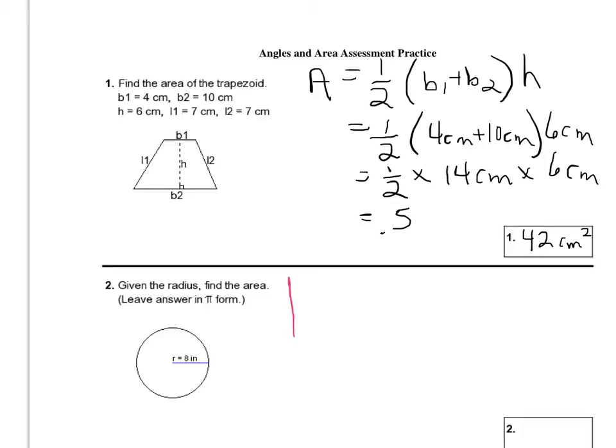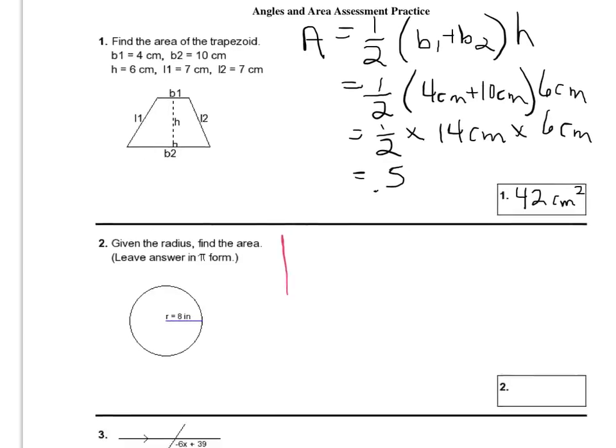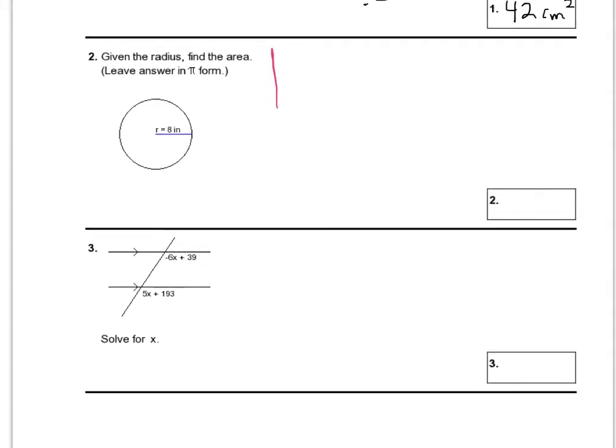Okay, let's work problem number 2. Problem number 2, we're supposed to find the area, and we want to leave it in the form of pi. The area formula is pi r squared, but I always like to write it as r squared pi because that puts the number out front to start with.